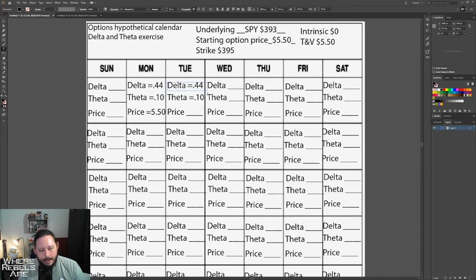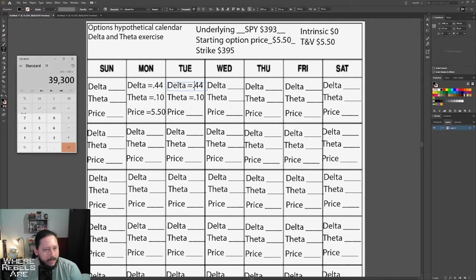All right, now we're making a change of 5 points, so we have to factor in how many times the delta is going to be calculated into the price. I'm oversimplifying this because there are other factors, like the gamma, that also are reflective of change in price, but we're simplifying to the delta for this example.